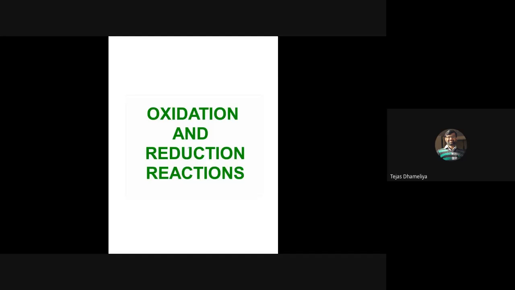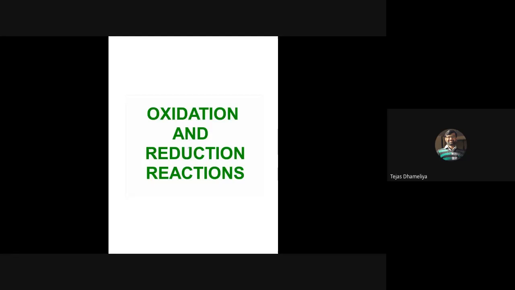Always, both the reactions occur simultaneously. In a certain reaction, if some substance is being oxidized, parallelly another substance is being reduced. This is what is called redox reactions.